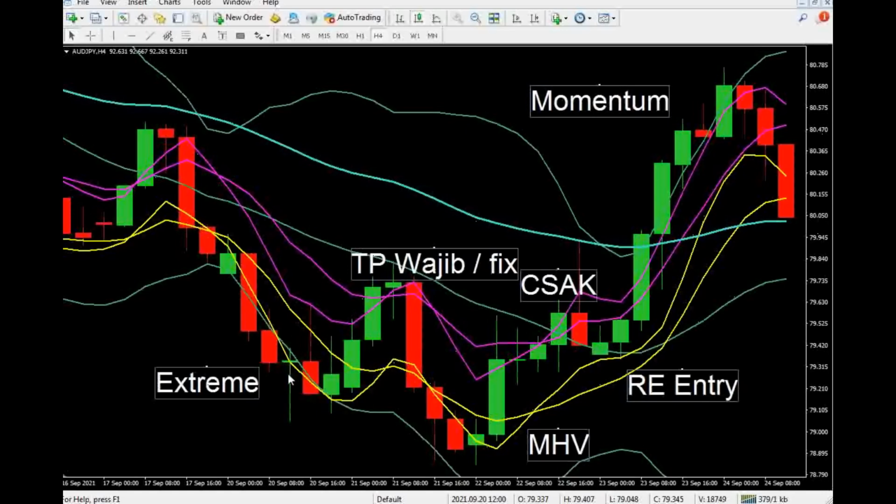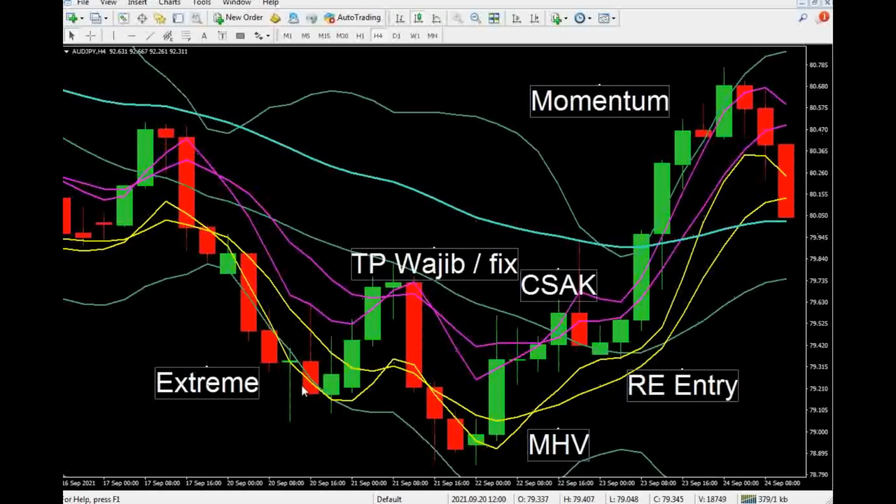But if this candle closed in here, nearly the lower price of this candle, then this is not the rejection candle. So this is the rejection candle. After the rejection candle, it is already confirmed.